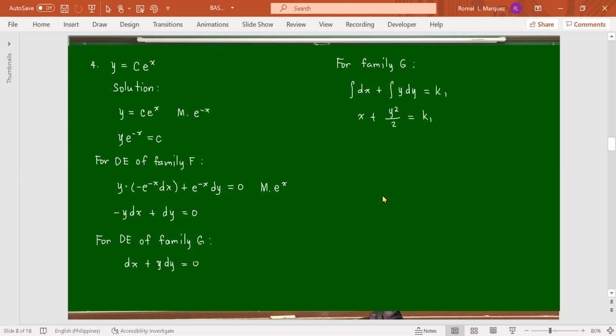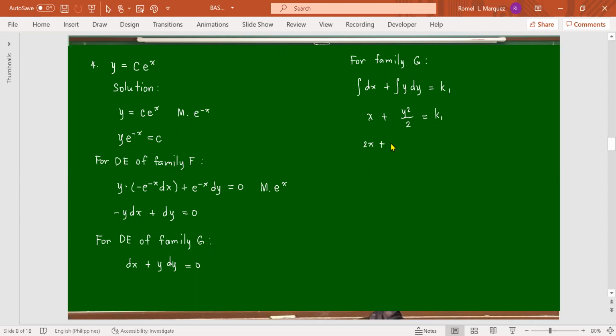Okay, guys? And multiplying by 2, we get 2x plus y squared equals 2k1. Okay? Again, for simplicity, let k be equal to 2k1.